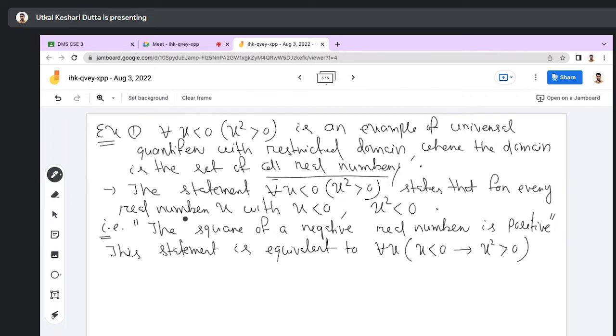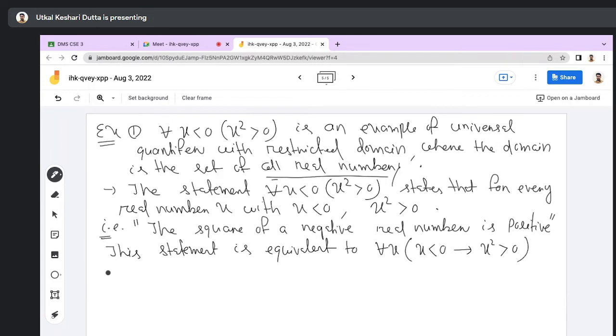So for every real number x that is given x less than 0, then x square will be greater than 0. Oh, I have written less than, by mistake. That will be x square greater than 0, not less than 0. Okay, good.